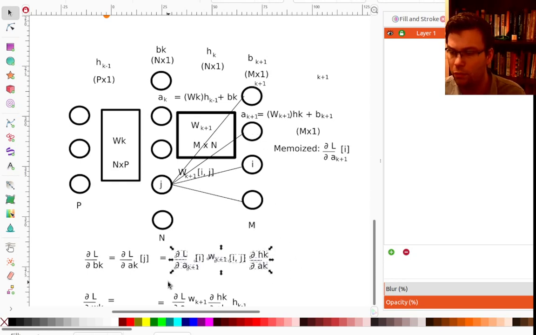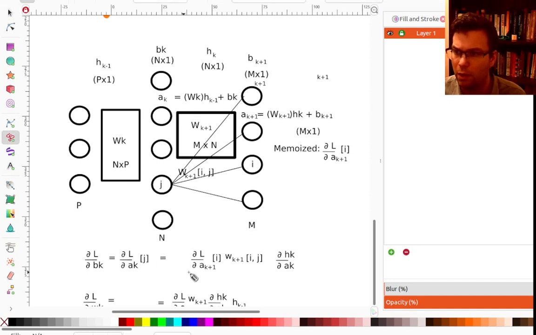So what we're going to do is sum up. I'm not worrying about this part yet, but I'll get to that in a second. Let me get a big sigma in here. I'm going to sum up over all i this derivative. It's actually a bunch of chain rules summed together, because I have this path here, but I also have this path, that path, that path.